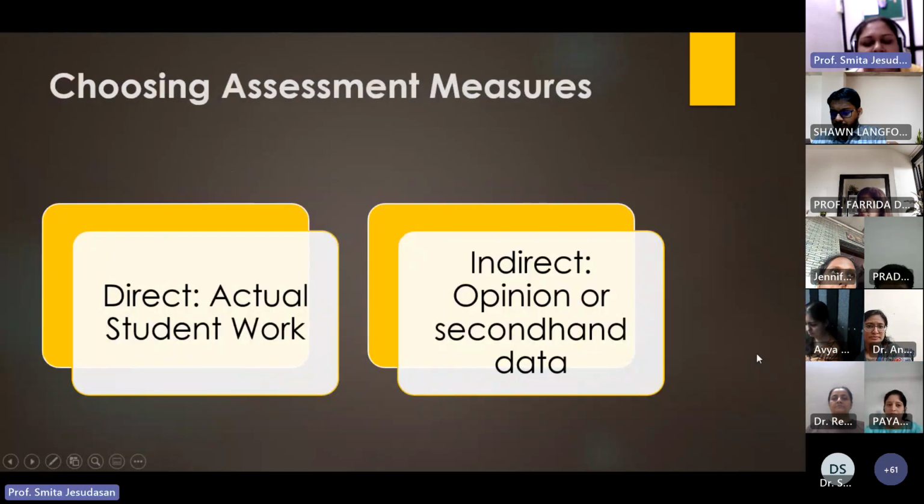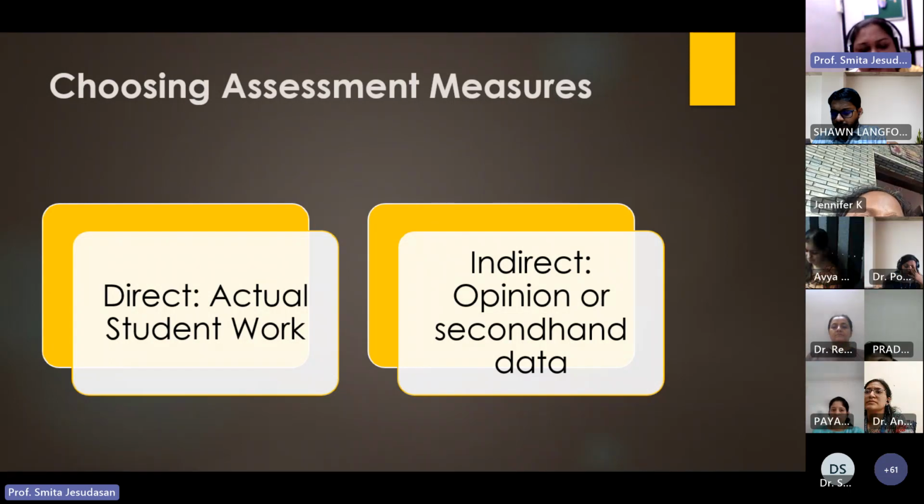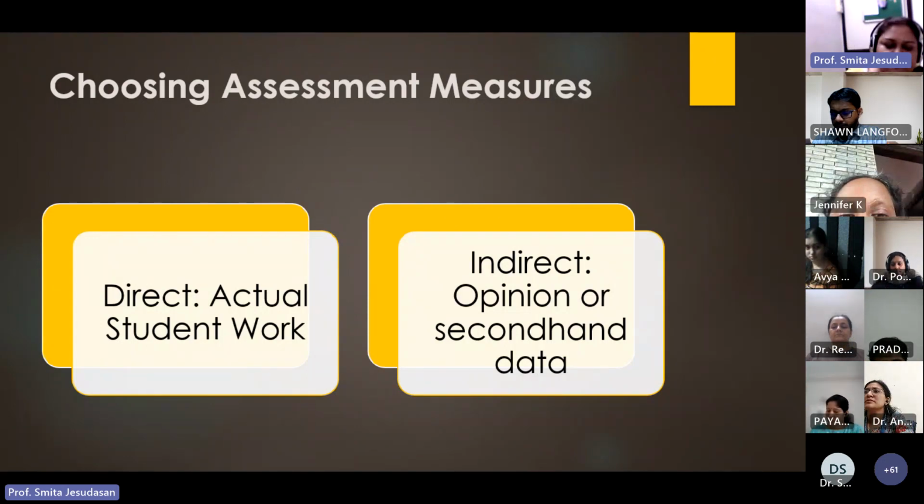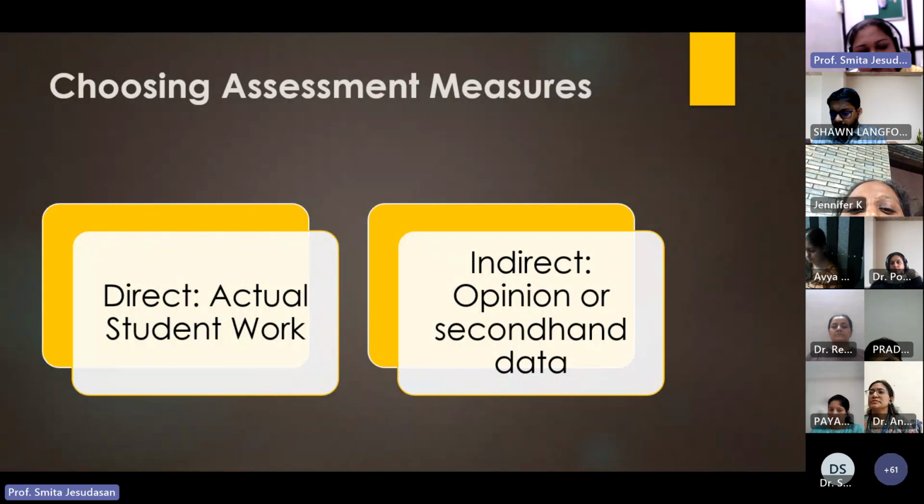Now, coming to the different types of assessment measures. We have two important types of assessment measures. The first one is a direct assessment tool, and the second one is the indirect assessment tool. Now, when you say direct assessment tool, it depends upon the student's actual work.